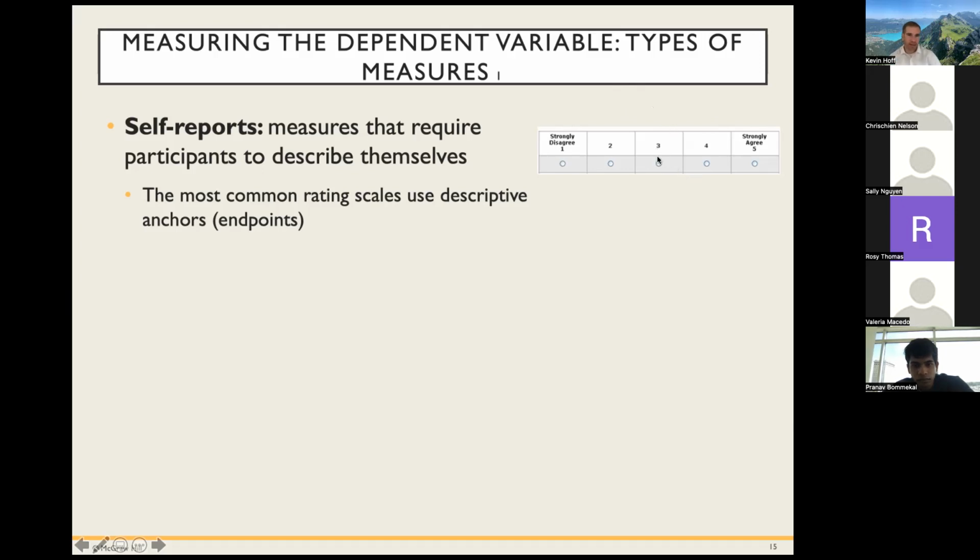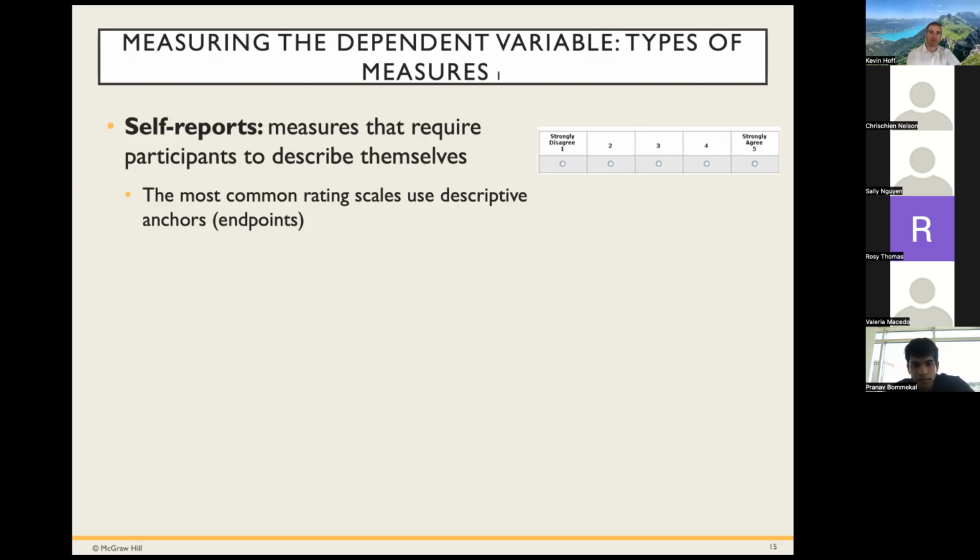With self-reports, the biggest limitation is that we're relying on people to accurately describe themselves, and people don't always do that. People sometimes don't have all the information needed to really evaluate themselves. But in some cases, self-report is the best you can do, because if you want to know something about someone's depressive symptoms, the best person to ask is going to be themselves.